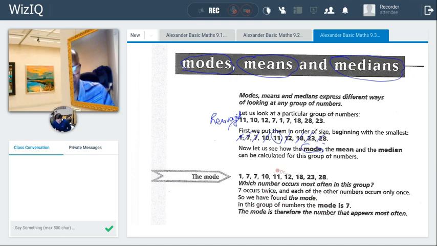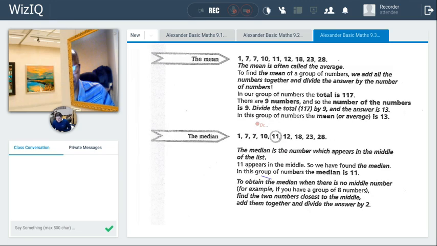So what is it saying? If you had 4 on this side and 4 on this side, and you have these 2 middle numbers, then you need to add these 2 middle numbers and then divide by 2.